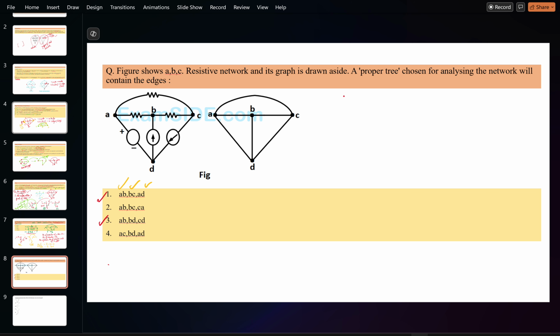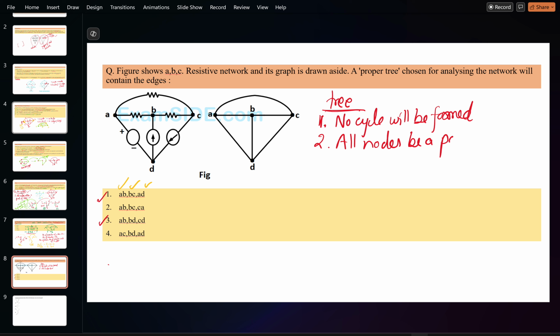What is the basic criteria of the tree? As I have told, no cycle will be formed, meaning there will be no closed loop. Second, all nodes must be a part of the tree.